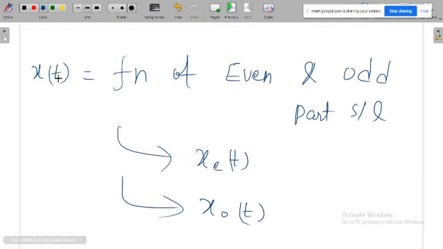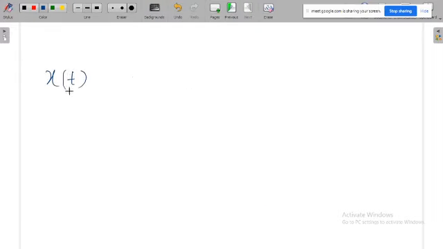So x of t consists of both even and odd parts, and we can write x of t in terms of xe of t and xo of t, or xe of t and xo of t can be written in terms of x of t. There is some mathematical relationship between x of t and xe of t, xo of t.